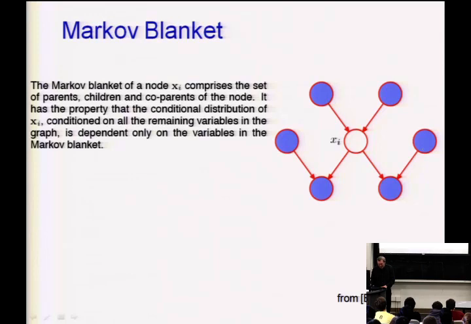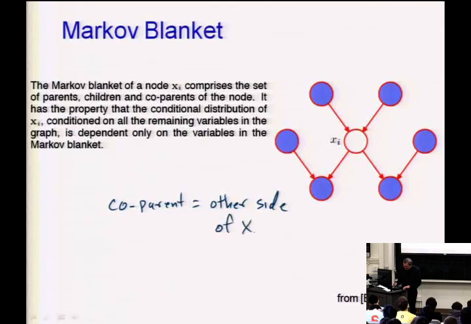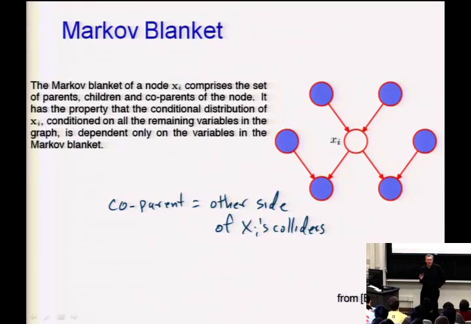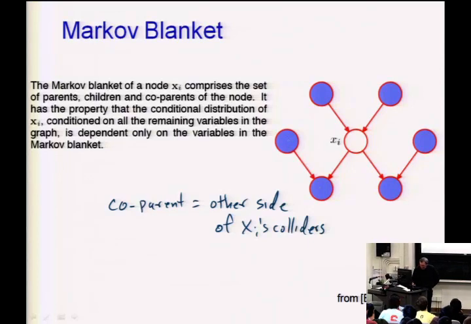So co-parents are the other parents on the other side of X sub I's colliders. It's only the immediate ones. If we know the values of all these, we're there.